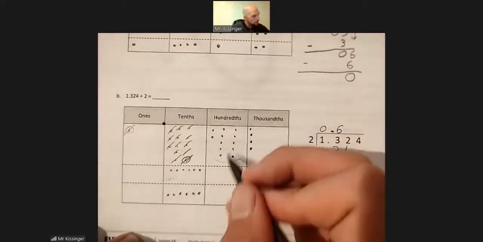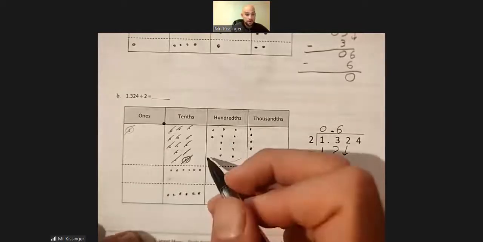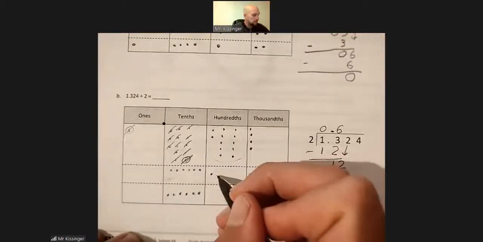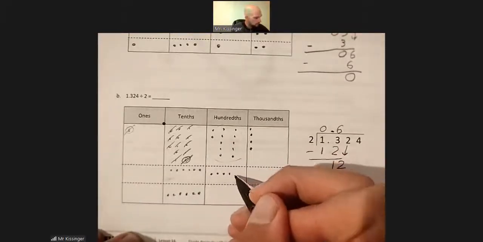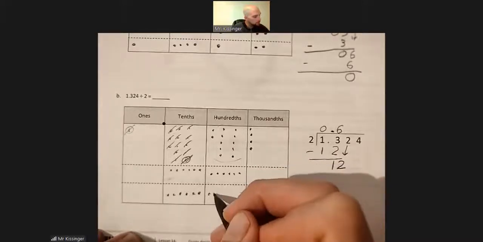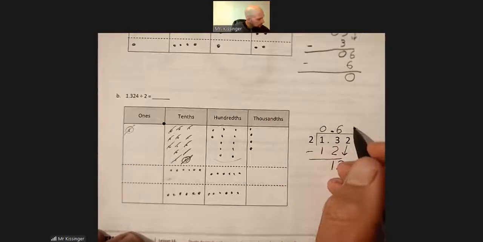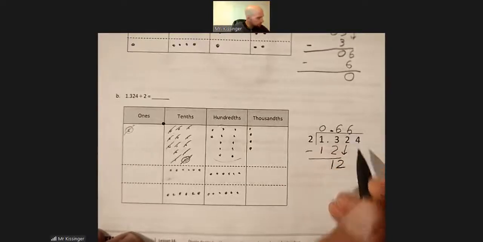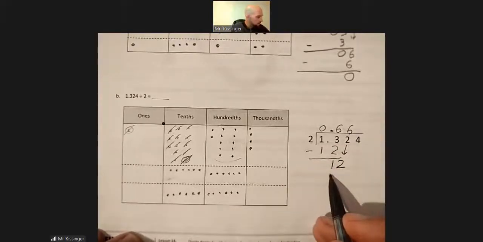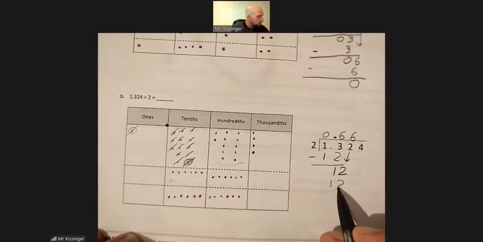We have 12 altogether. 12 divided by 2, again, is 6. So we have 6 in each. We'll put a 6 up here, and then we're going to subtract 12. And that'll give us 0.